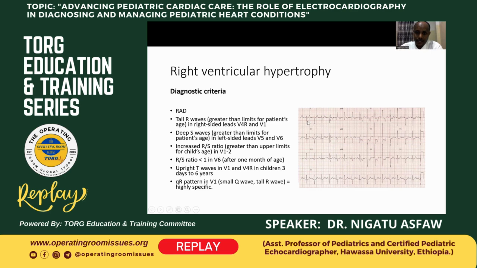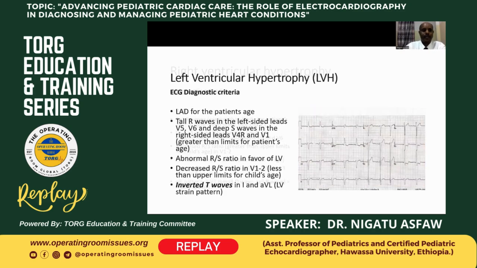As you see, there is negative QRS pattern in lead 1 and a positive pattern in aVF. So there will be right axis deviation, which suggests right ventricular hypertrophy.